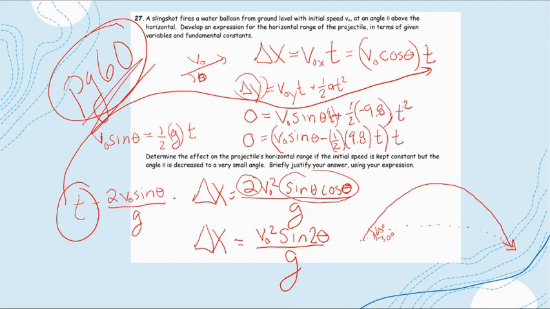If you had 20 and 70, it would be the same range. And this is also discussed in your conceptual physics book. But I do want you to know that the range is going to be the same if two angles add up to 90 degrees.